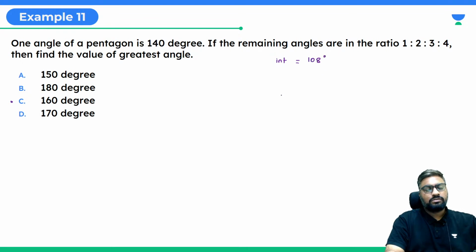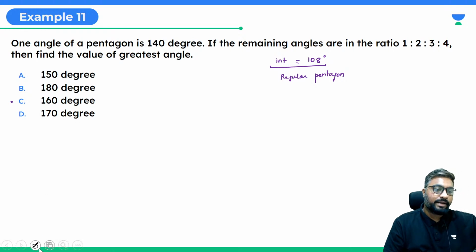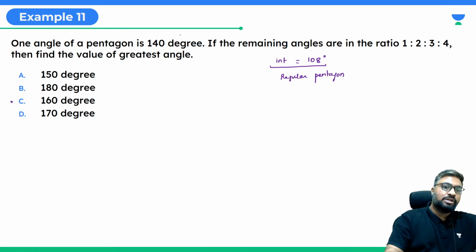Do you agree? 108 डिग्रीज होना चाहिए ना. But this happens only if the pentagon is a regular pentagon. Correct? ये regular pentagon नहीं है. Question में दिया हुआ है क्या regular pentagon? No. So what do we know?